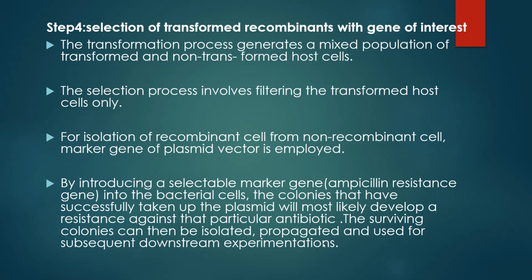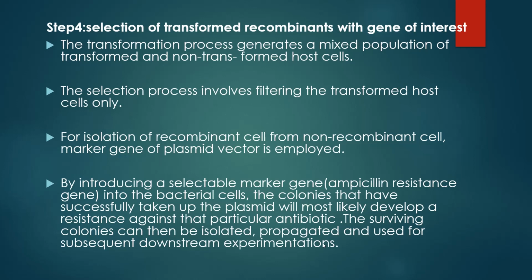For isolation of recombinant cells from non-recombinant cells, the marker gene of the plasmid vector is used. For example, by introducing a selectable marker gene, such as a vector containing the ampicillin resistance gene, into the bacterial cells, the colonies that have successfully taken up the plasmid will most likely develop resistance against that particular antibiotic.